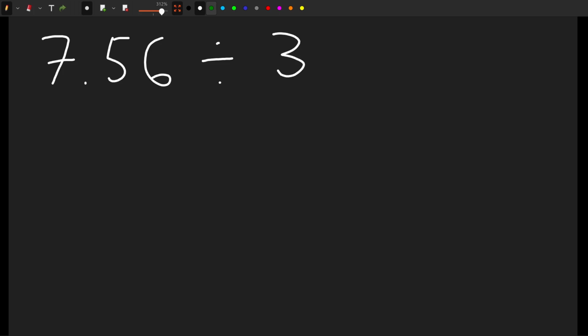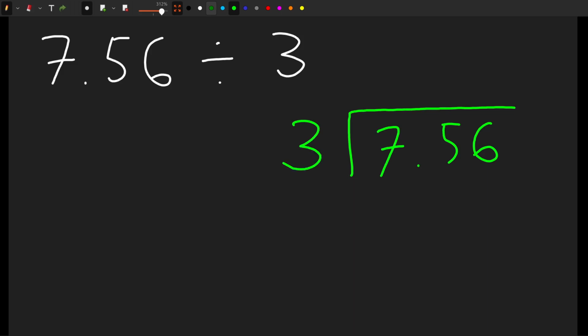We're going to put 7.56 inside the division symbol, or the division house, however you've called it, and 3 will be on the outside. Now, since 3 is a whole number, I don't need to move any of the decimals around. We'll get to a problem where we will have to, though, eventually. Now I can just divide out normally, and then take care of the decimal after I get my number.